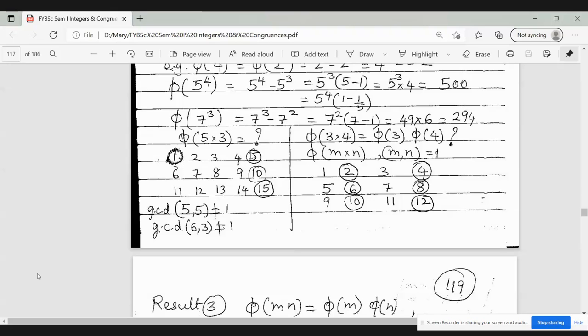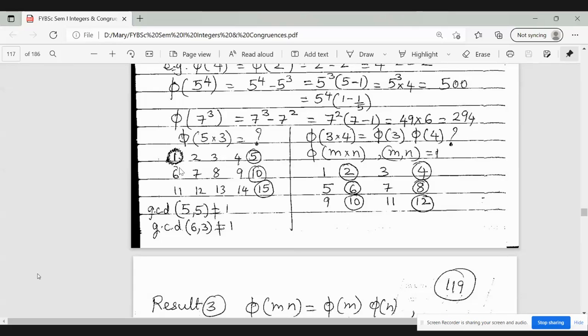Now from this, how many numbers are relatively prime to 5? 1, 2, 3, 4, all 4 numbers are relatively prime. And in this column, how many will be relatively prime to 3? That will be phi of 3, that is 2.